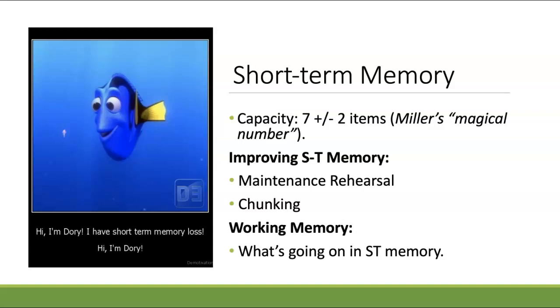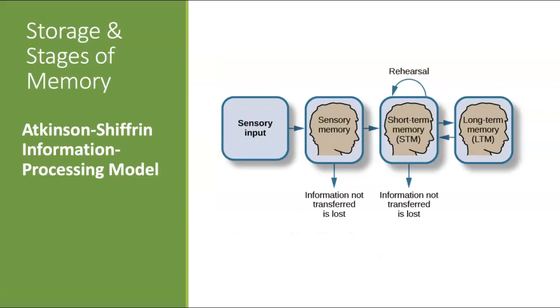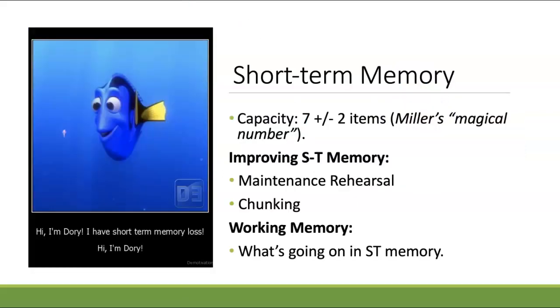So if you remember back to this, you see this rehearsal here, I mentioned we'd come back to that. So maintenance rehearsal is when we keep repeating something in our minds in order to hold it in our short-term memory. This is something I'm sure all of you have used before.